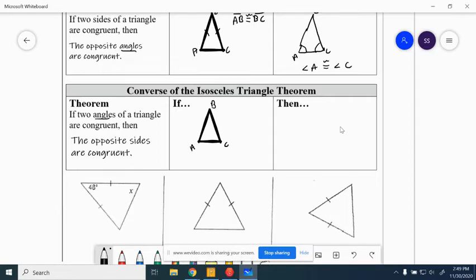This converse theorem is saying that if we're given that angle A and angle C are congruent, well, then we know that these segments are congruent, okay? So pretty much saying the same thing there.